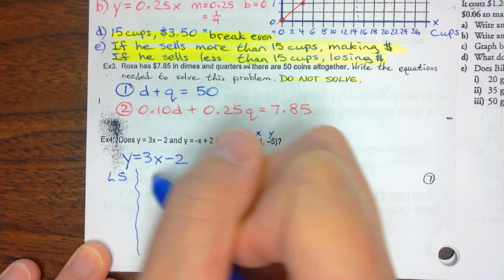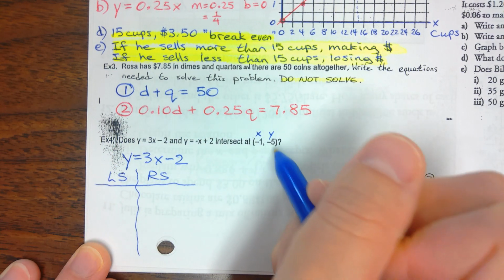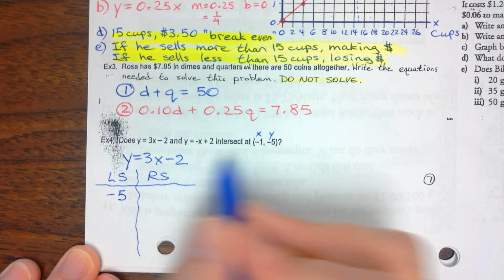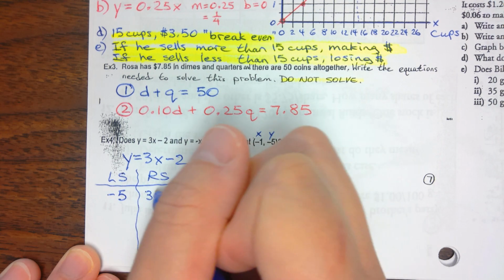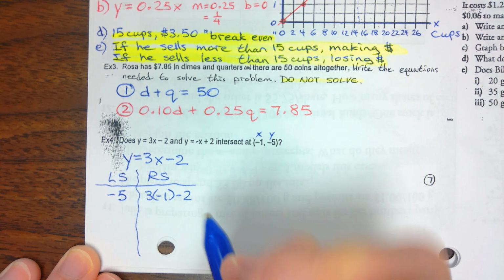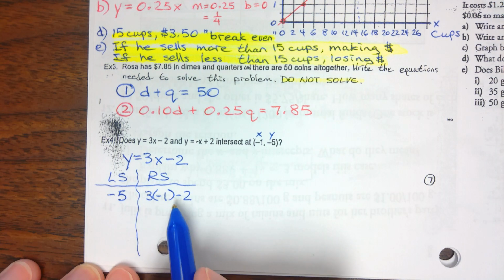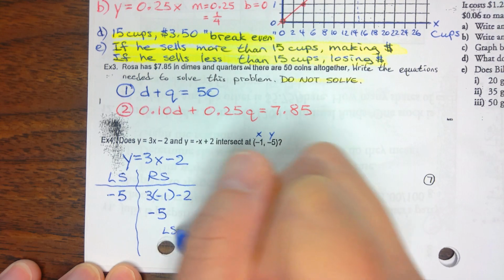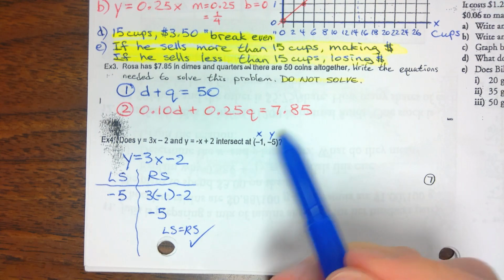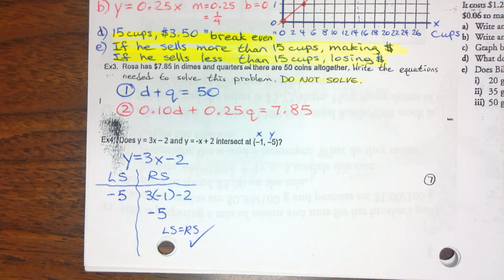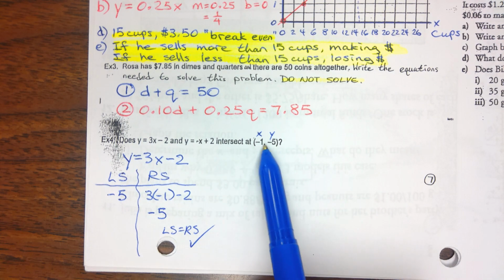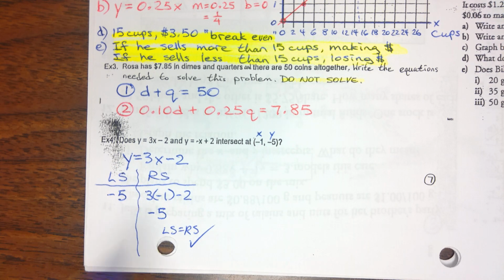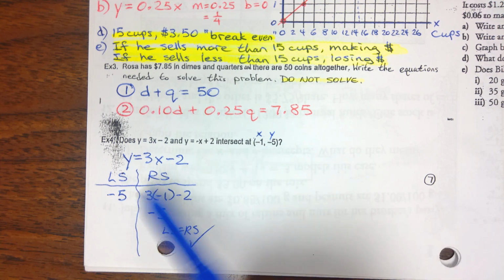Left side, right side. y is -5, and x is -1. If I substitute it in, -3 minus 2 gives me -5. So left side equals right side. Yep, this point is on this line, because it satisfies it. When x is -1, y is in fact -5. That's how I know this point is on this line.